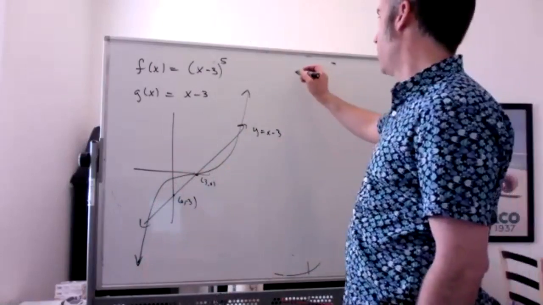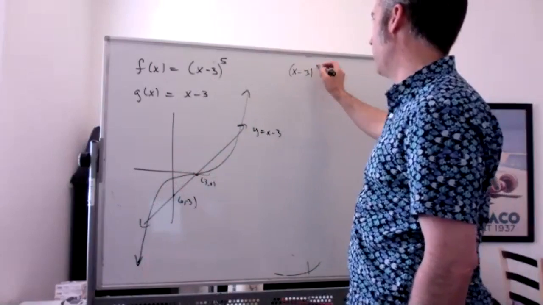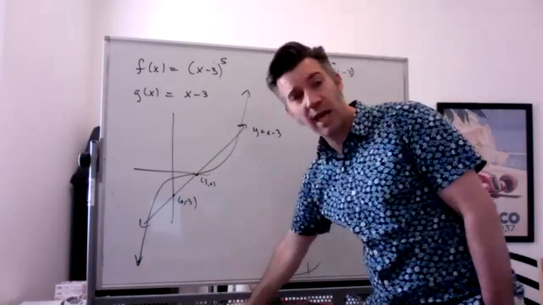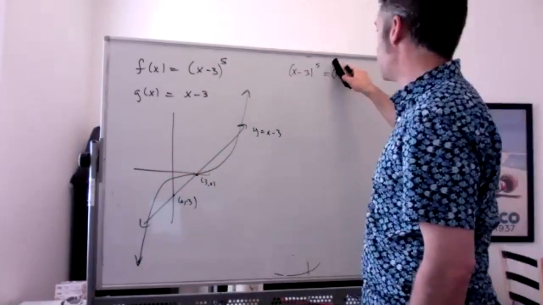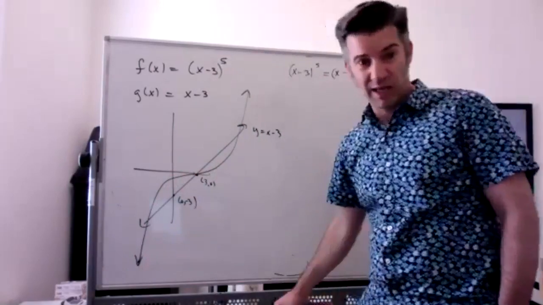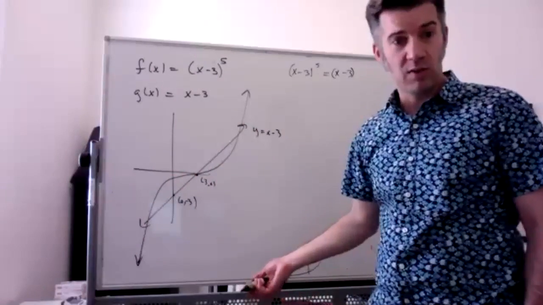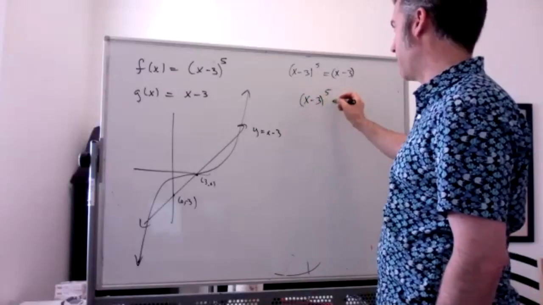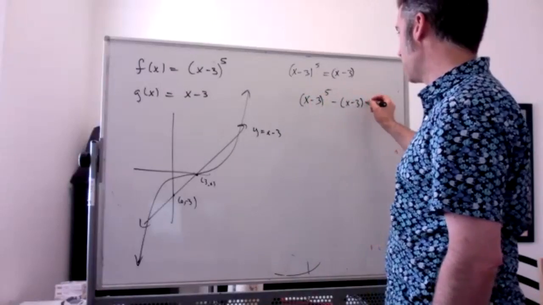So if I set x minus 3 to the 5th equal to x minus 3, I know it's very tempting, but you don't want to divide both sides by x minus 3. Instead, you want to bring x minus 3 over to the left, have x minus 3 to the 5th minus x minus 3 equal to 0.